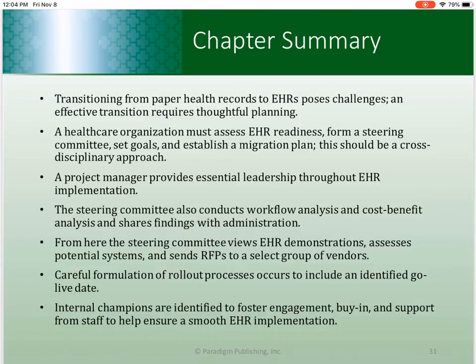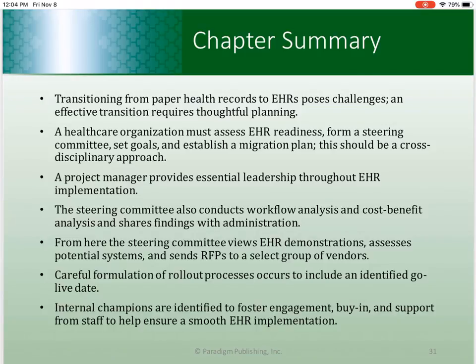These vendors should be selected by reviewing a list of the EHR systems that have been certified for functionality, interoperability, and security by the Office of the National Coordinator for Health Information Technology. They may use vendor demonstrations and issue proposal requests to help them select an EHR system.